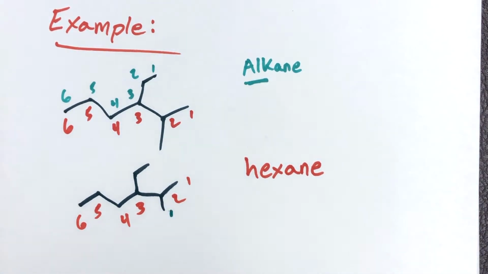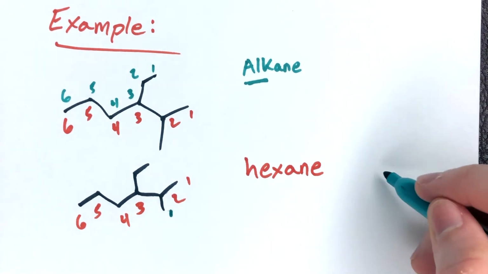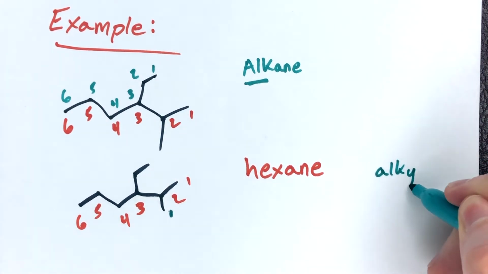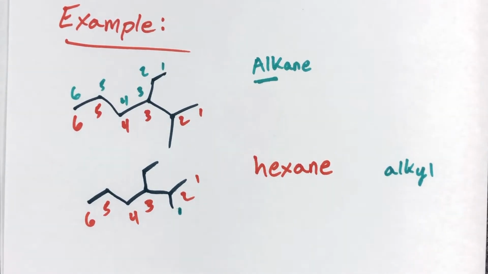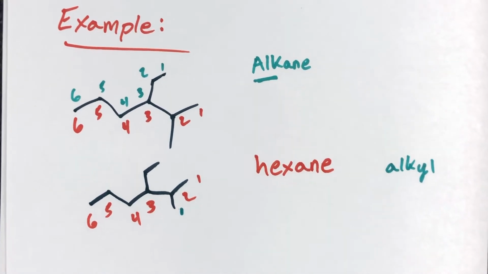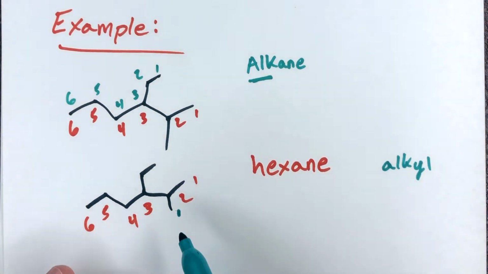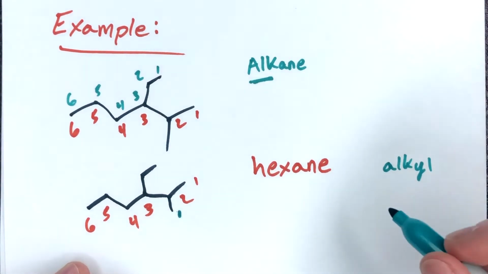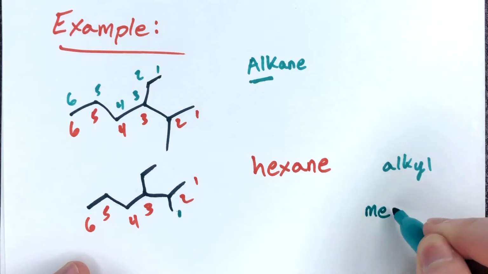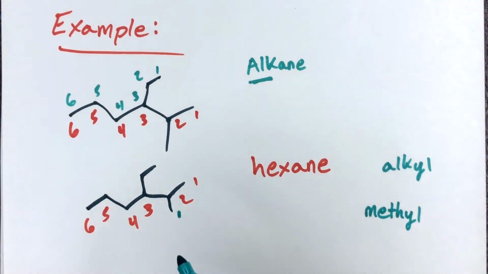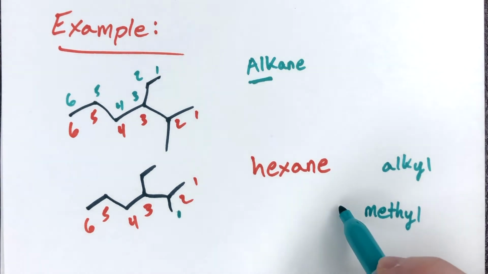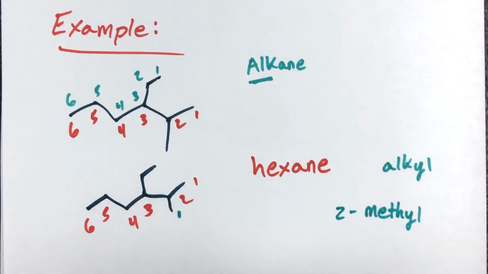So our branches are abbreviated in the generic name as alkyl, where the alk is just a placeholder for the number of carbons, and the yl indicates that it's a substituent. So here, the alk becomes meth for this first branch. So this one becomes a methyl group, and it's at the 2 position in our chain. So it would be a 2-methyl.